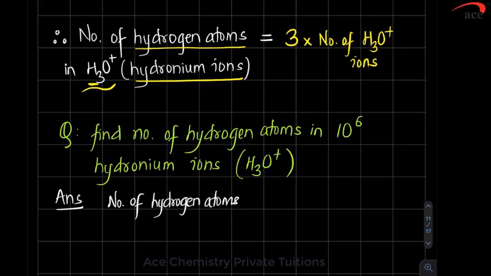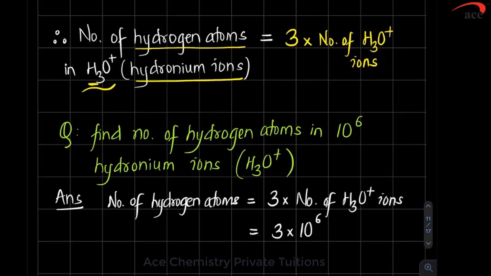Correct. That is the atomicity of hydrogen multiplied by the number of H3O+ ions. Atomicity of hydrogen is 3. Number of hydronium ions is 10^6. So the answer is 3 into 10^6.